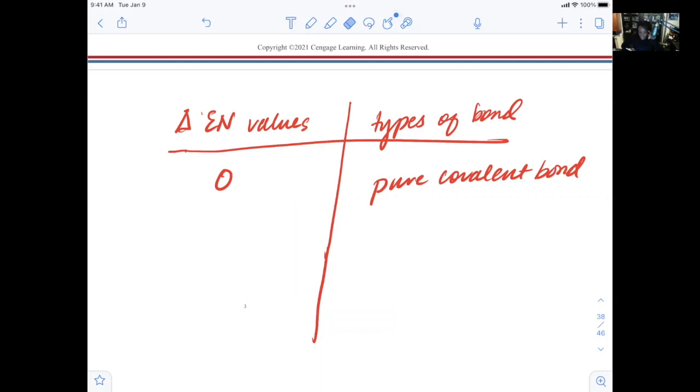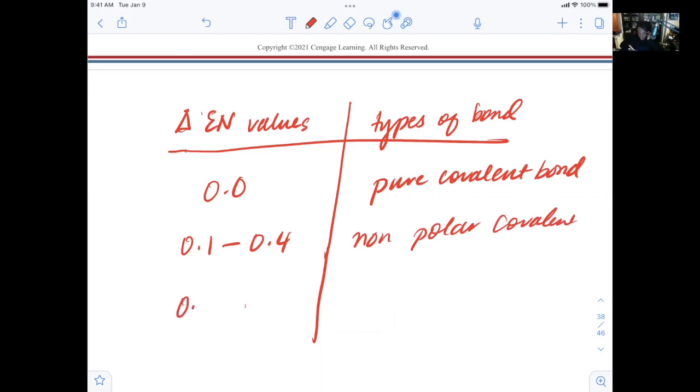Back to this. This is 0.0. Then here I have 0.1 to 0.4, and this is called non-polar covalent. And then when you have a difference of 0.5 to 1.7, this is considered polar covalent.